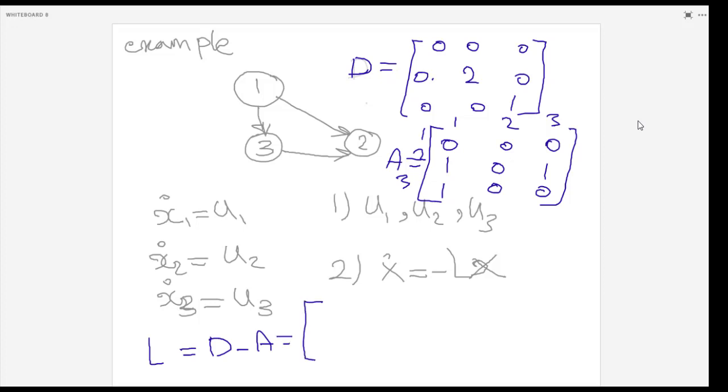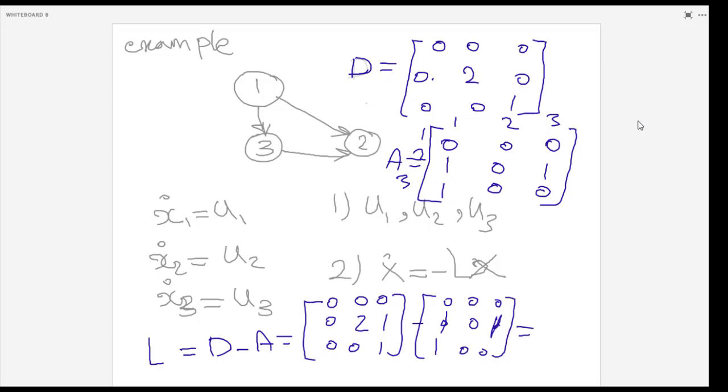L equal to D minus A. D is 0, 0, 0, 0, 2, 0, 0, 0, 1, minus A, which is 0, 0, 0, 1, 0, 1, 1, 0, 0.